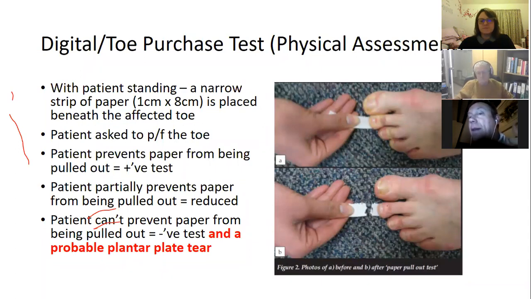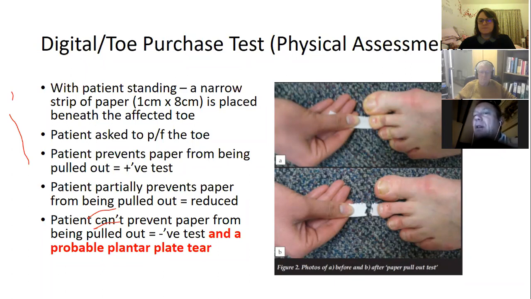Take a piece of paper 1 centimeter wide and 8 centimeters long, and place about a third of it underneath the toe, with the rest free to pull. Ask the patient, while standing so they get plenty of pressure, to plantarflex that toe and hold onto that paper dearly. Press that toe down against the ground and hold onto that paper.